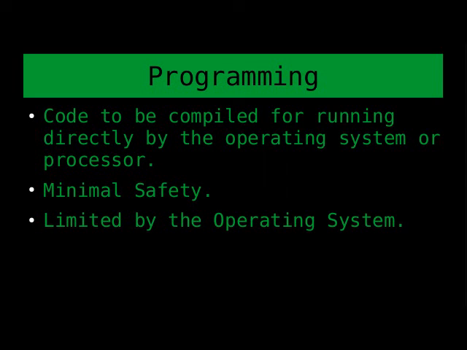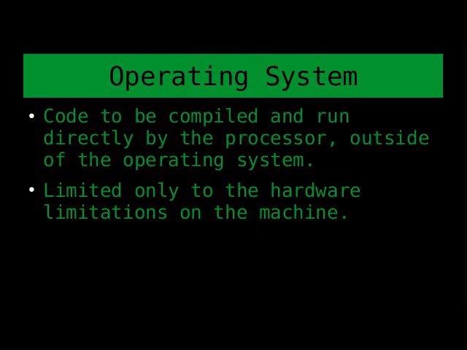And then I'm going to throw in a bonus too, which is operating system programming. If you're actually really going to code your own operating system, now you're operating outside of an operating system. This is code to be compiled and run directly by the processor outside of the operating system. So now you've left the operating system limits as well, and you're therefore only limited to the hardware limitations of the machine.